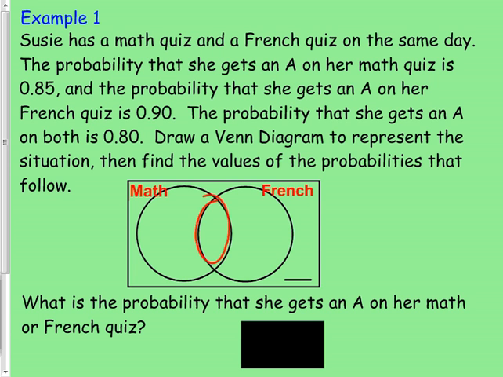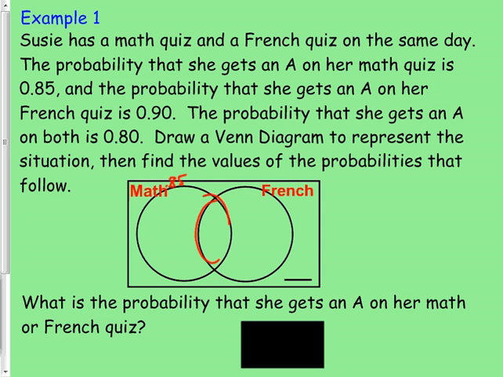Okay, so the probability she gets an A on her math quiz is 0.85. I recommend you not put 0.85 in here because that would imply that these aren't included in that. I would put 0.85 next to the math because it's this and this together. This is the most common mistake people make, is they'll just slap that first number into this spot and they forget that this and this together have to make 85.